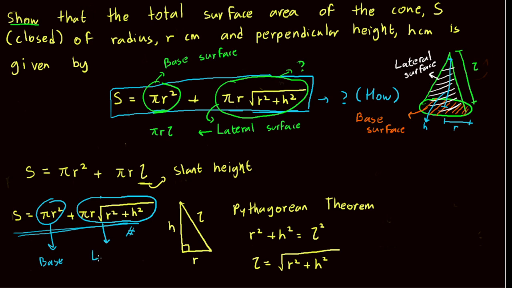If you're wondering what lateral is, if you recall from middle school, we also call it the curved surface. Because if you take a cone and roll it out, that's what you'll end up getting. How do I say this?